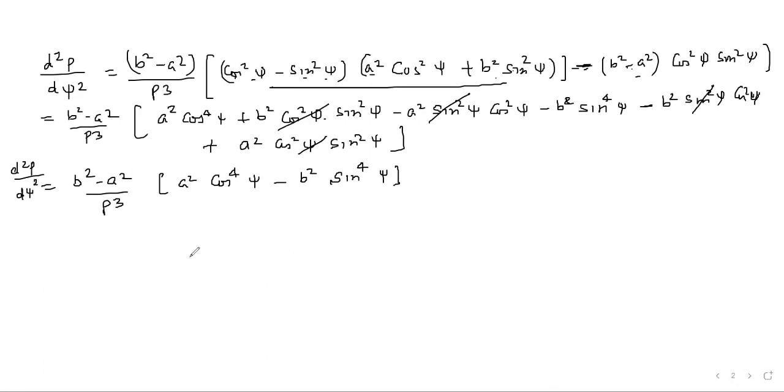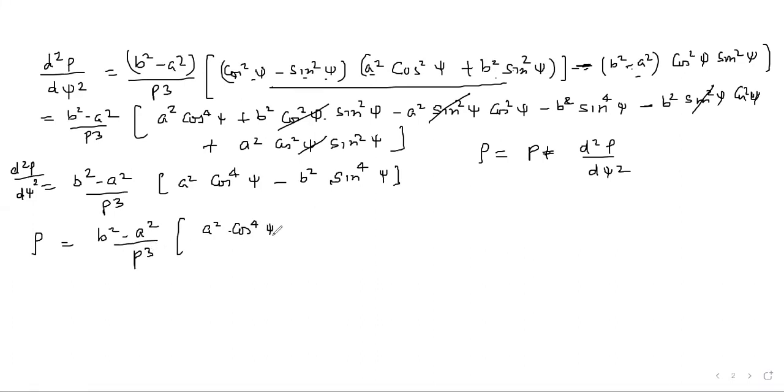We need the radius of curvature, that is given by p plus d²p/dψ². So we have to add p to this. So here we write the radius of curvature: (b² − a²)/p³ times (a² cos⁴ψ − b² sin⁴ψ) and plus p.